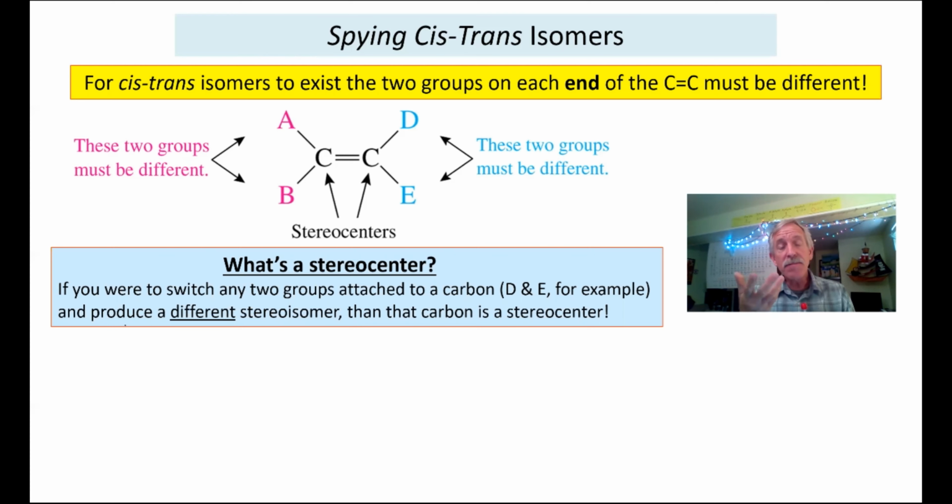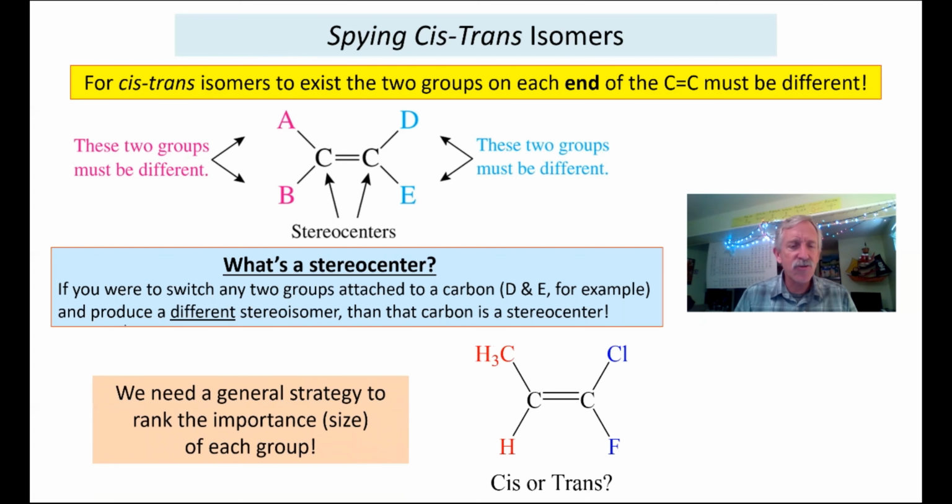So sometimes our alkenes don't have this unique stereocenter, and therefore you do not have to worry about naming them cis or trans. So keep an eye out for that. We need two different groups on both sides of the alkene. That way I can distinguish what's a bigger group versus a smaller group. Okay?